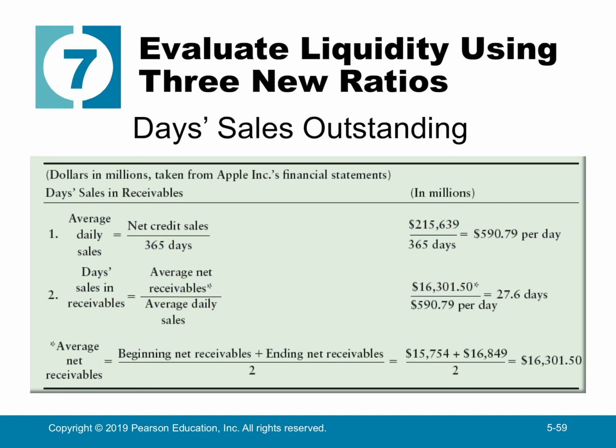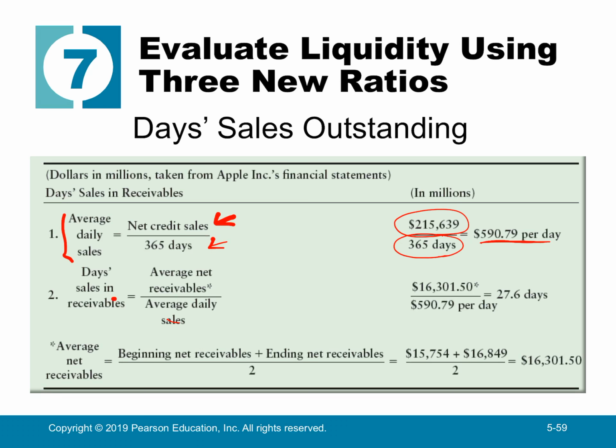And there's another way you can calculate this. This is a multi-step process. You do an average daily sales calculation, just your net credit sales divided by 365 days. So for Apple, we took the net credit sales divided by 365 and got $590.79 per day. Okay. Then you can do days sales in receivables.